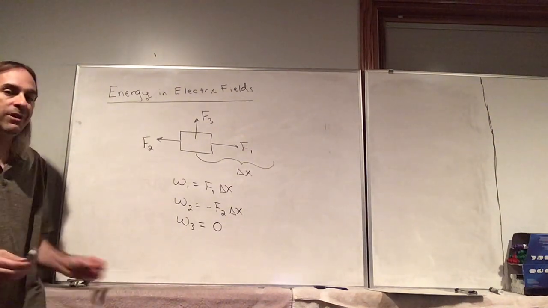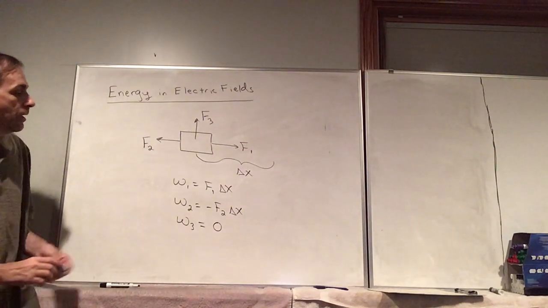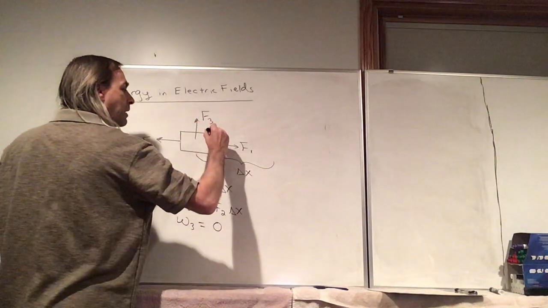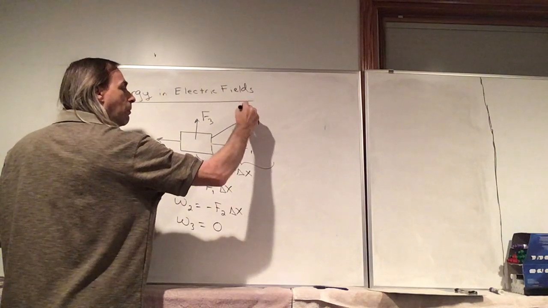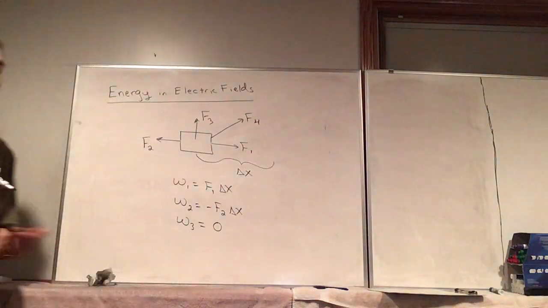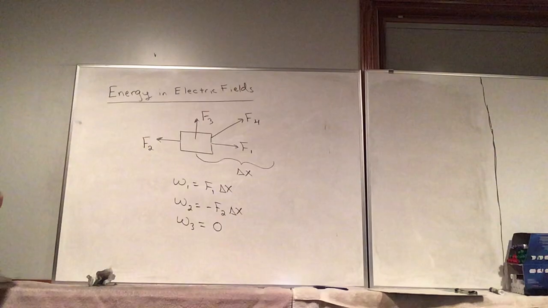Now, we didn't really consider the most general case. What if we have a force that's at an angle? So F4 is at an angle. Again, this is really nothing new.